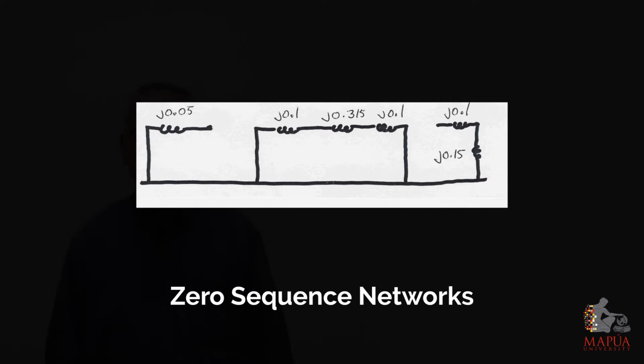So notice that there is no zero sequence current flowing on the delta side for both transformers. Thus, the zero sequence reactance of transformer 1 will just be connected to the reference or to the ground. Likewise, for the second transformer, the zero sequence reactance of that transformer will just be connected to the ground. So this gives us the zero sequence network.